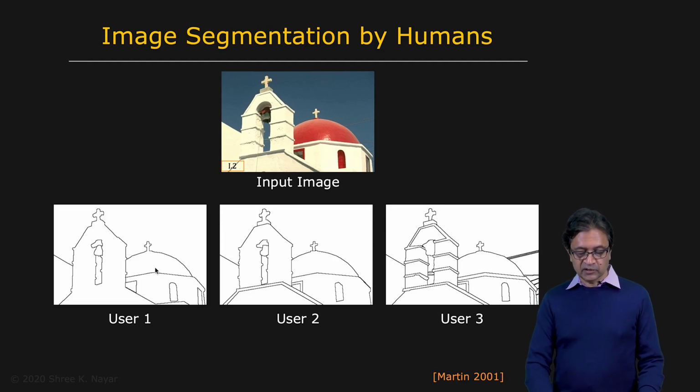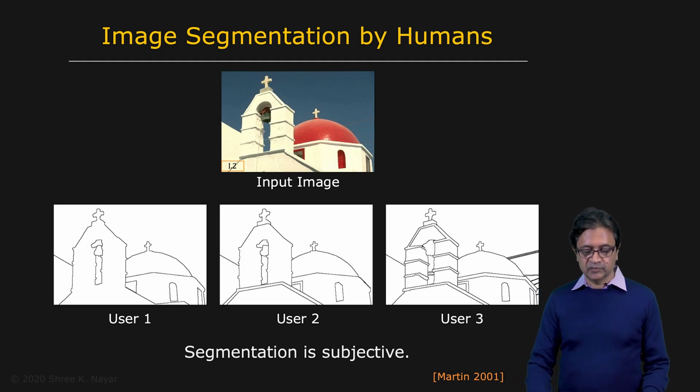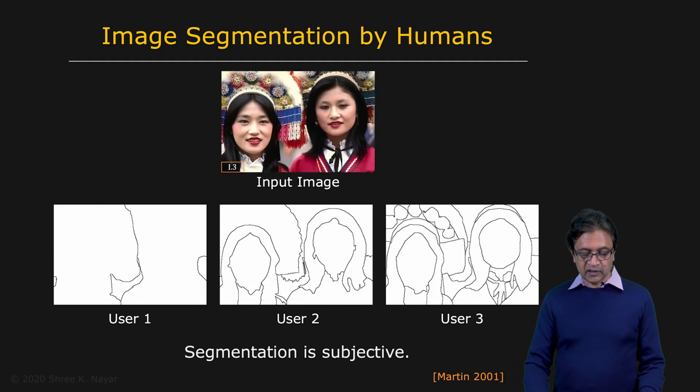And these are the segmentations they came up with. These two actually look pretty similar, but look at this one. It has a lot more smaller regions that were deemed to be meaningful. So this segmentation is quite a bit different in terms of detail from this one. So this is to say that segmentation is highly subjective.